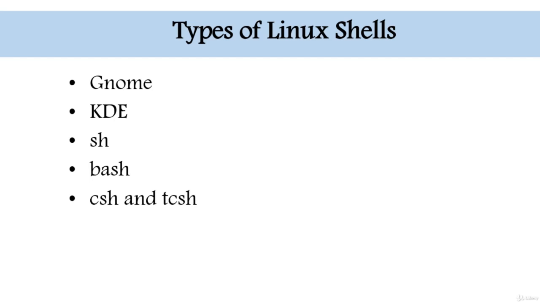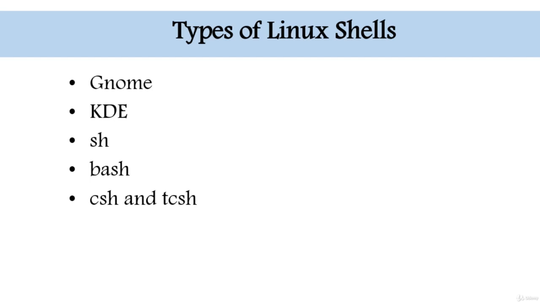The TC shell does not run bash scripts. So if you are in a TC shell and you want to run bash, it's not going to run it. Most people don't use the C shell and TC shell unless you really are proficient in C and C++ programming. So my advice to you, if you are a beginner, is to stay away from it and not worry about these.